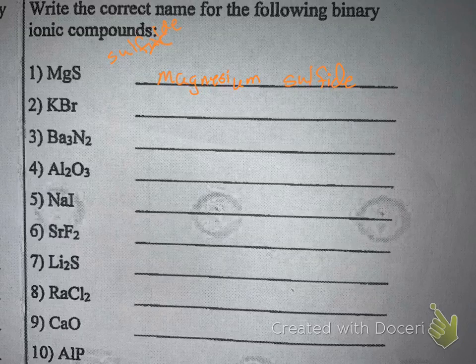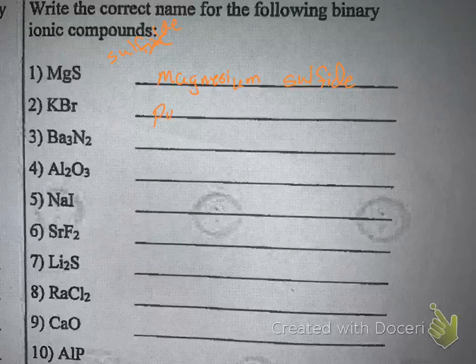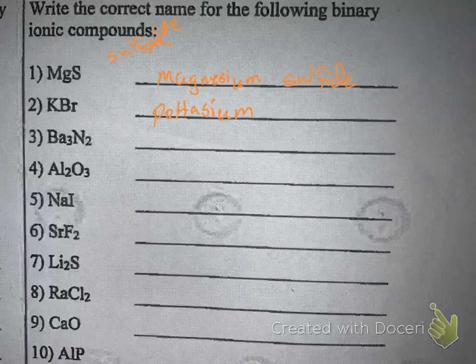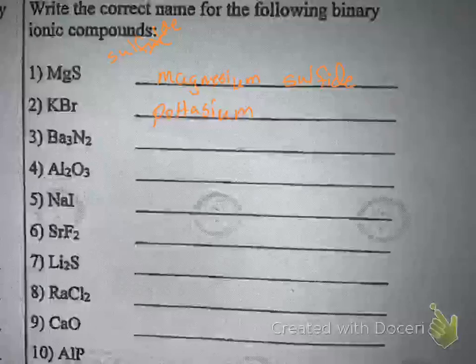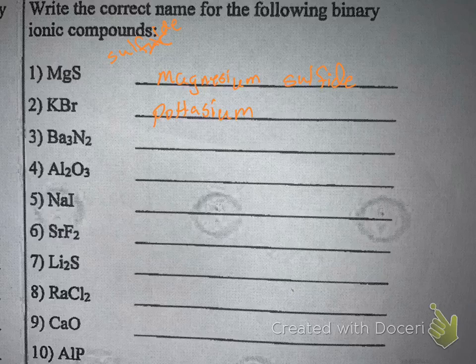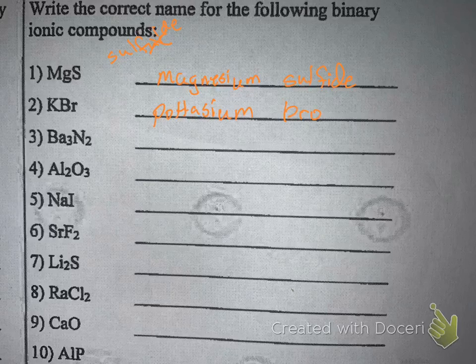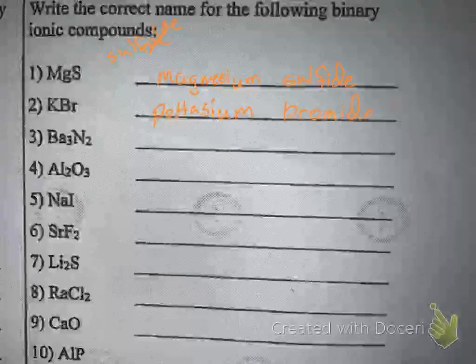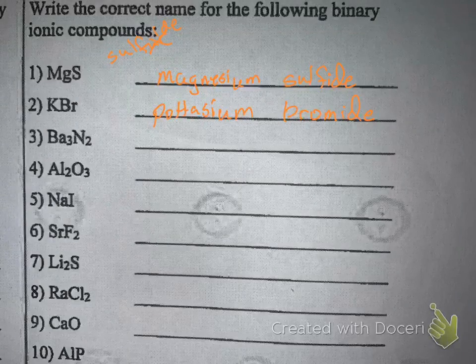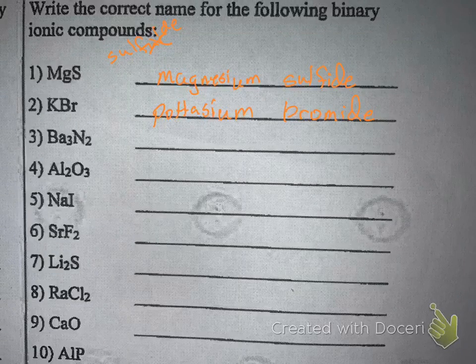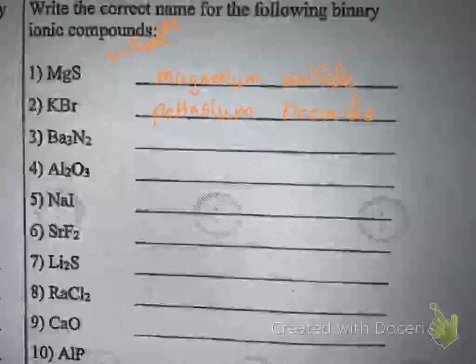K in number 2 is potassium. Bromine is Br, but I'm not going to say bromine. I'm going to change it to bromide. So it's going to be bromide. On the anion, the negatively charged part, you always take it and change the ending of it to ide.